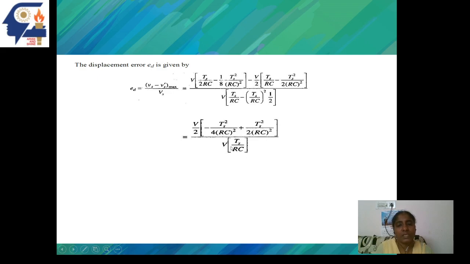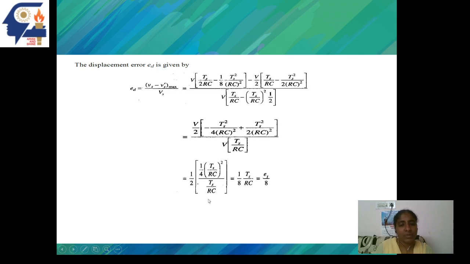In the denominator, if we neglect higher order terms, only the first term we take, V into Ts by Rc. If we simplify this further, in the numerator both are the same terms, only this is 1 by 2, this is minus 1 by 4. So we will get plus 1 by 4 Ts by Rc whole square in the numerator. V and V will get cancelled, so the numerator will have 1 by 2, the denominator only Ts by Rc.